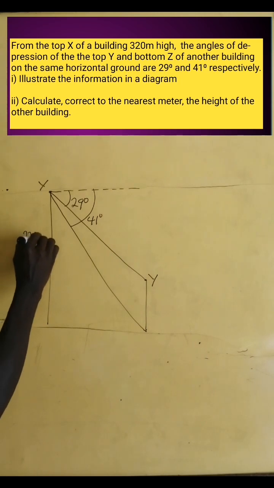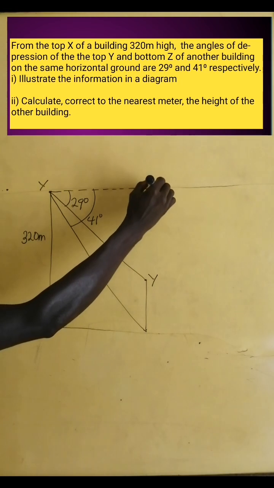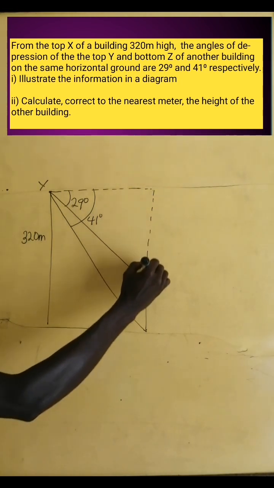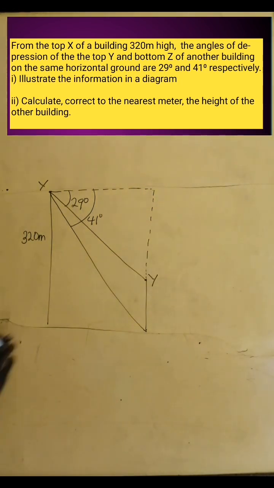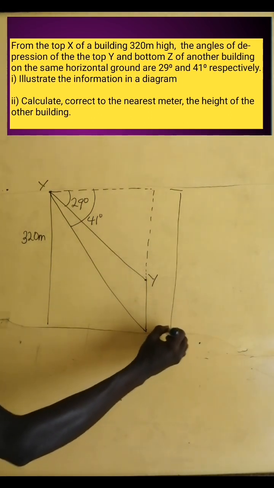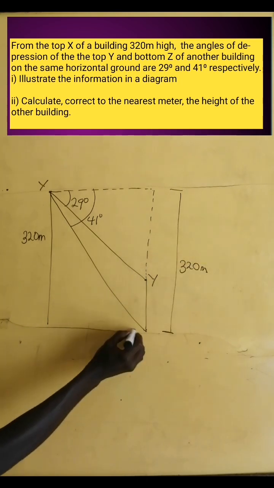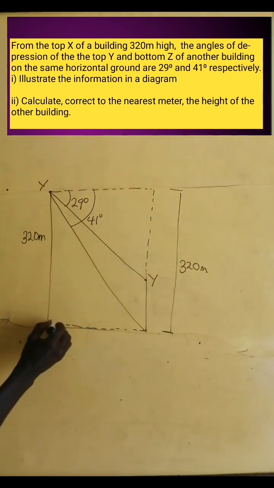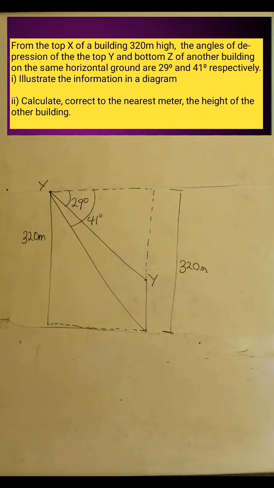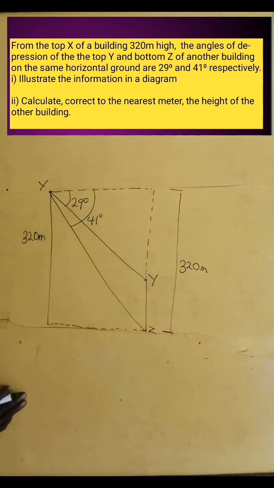The height of this building is 320 meters. So we can trace this path to the eye level. That's very simple. Then from here to the bottom is also 320 meters. And this building and this building are on the same horizontal ground.